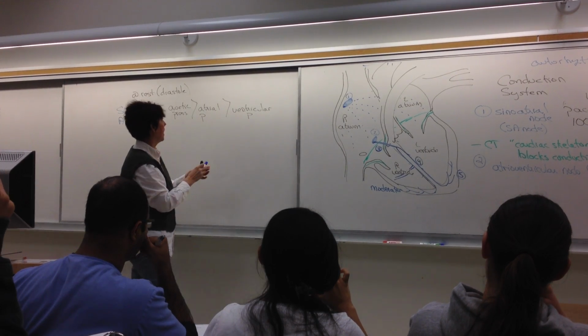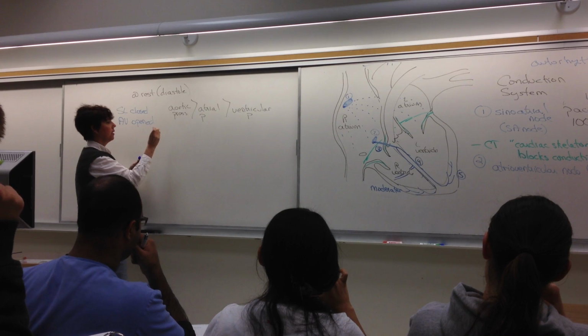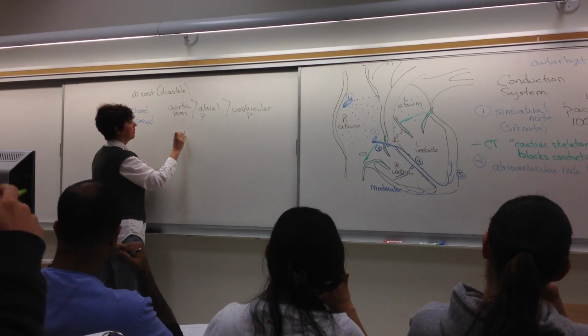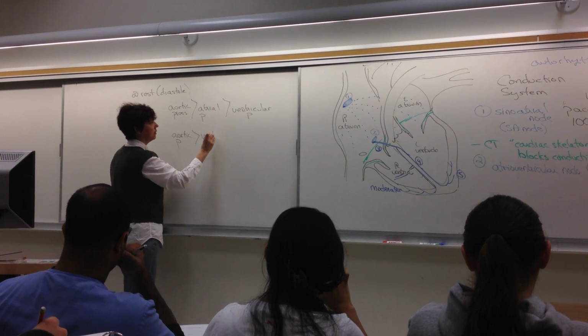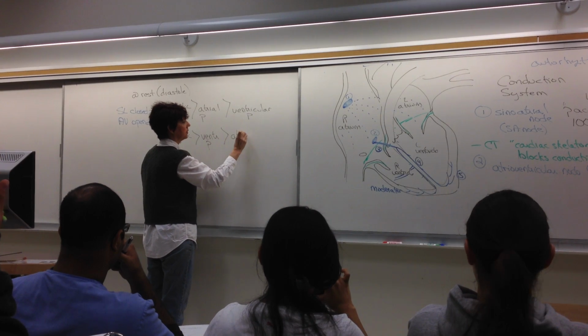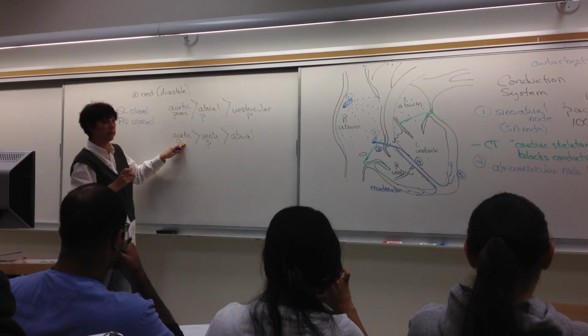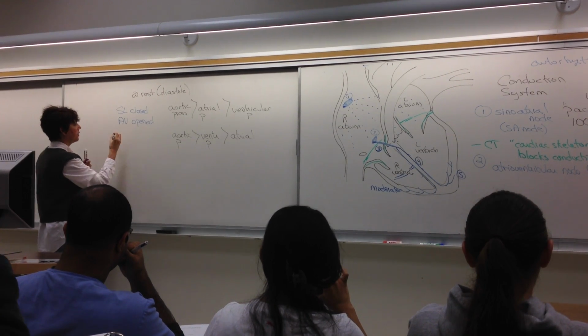So at that time now, the semilunar valves are still closed, so aortic pressure is greater than ventricular pressure, and that is greater than atrial pressure. Because aortic pressure is still greater than ventricular pressure, our semilunar valves are still closed.